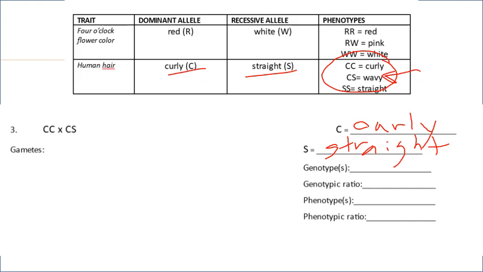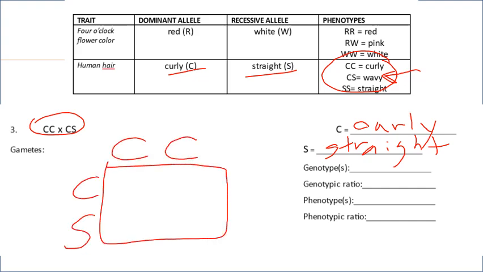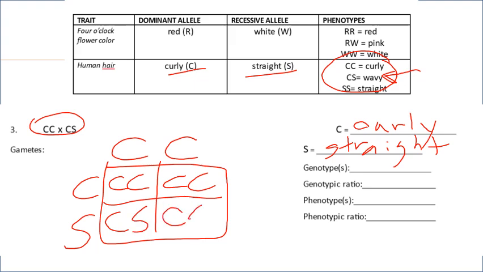It's going to be not quite curly and not quite straight. So we're going to take this and make a Punnett square out of it, just like this. And when we do that, we have the following Punnett square.